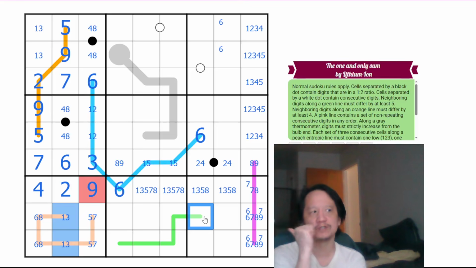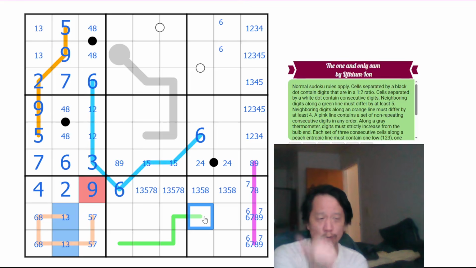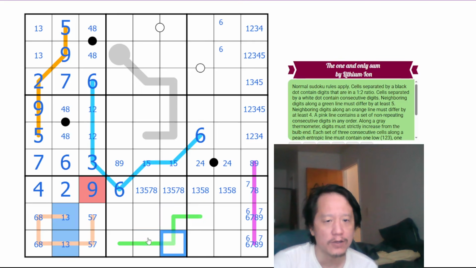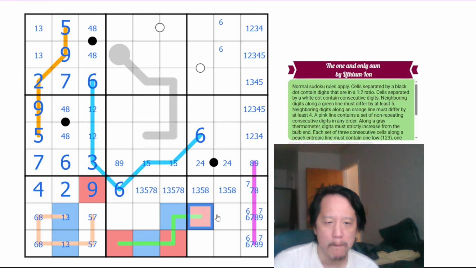But 3 and 4 is 7, plus 17 is 24, plus 4 is 28 at most. So if we had a low, high, low, high, low pattern, then that would be too small to sum up to this 30 that we need for all digits in this rule set. So therefore, this must be high, low, high, low, high.